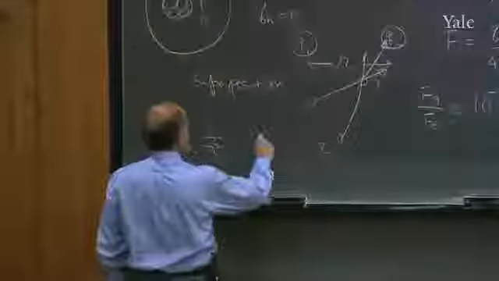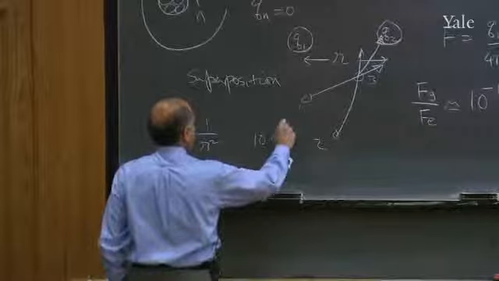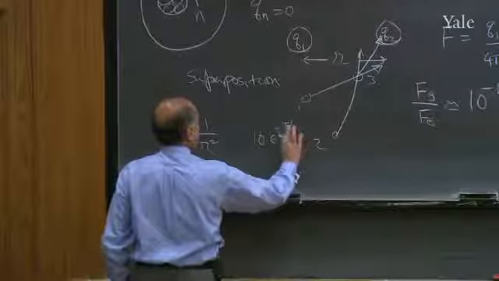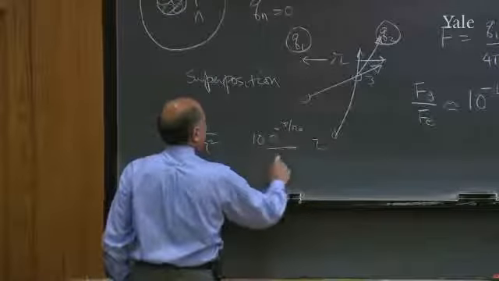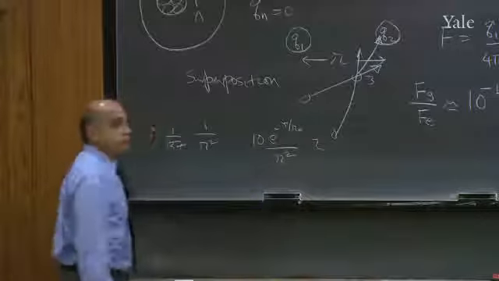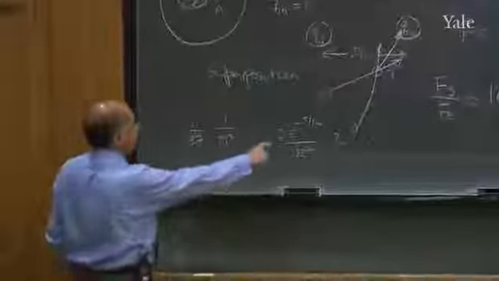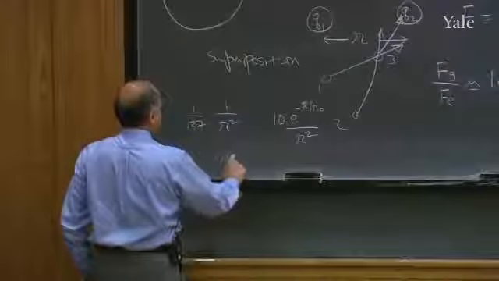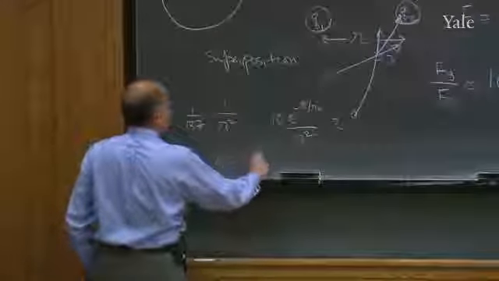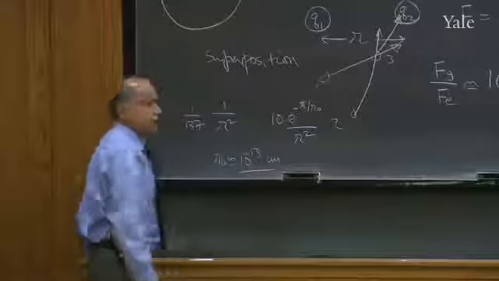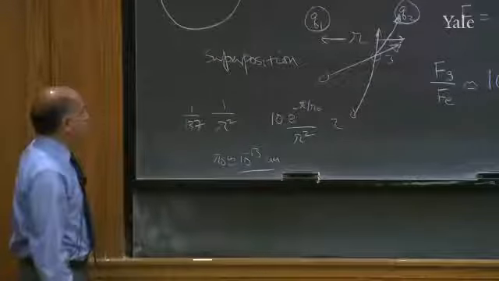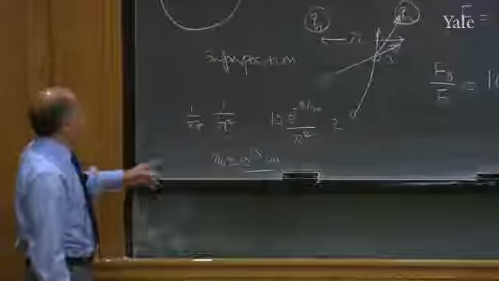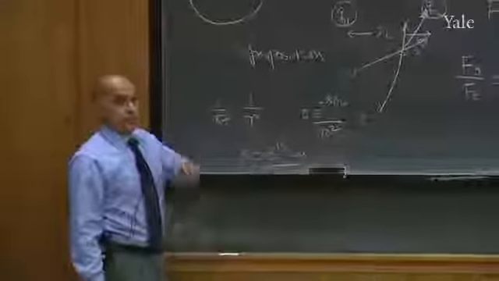The other function looks like 10 times e to the minus r over r naught, divided by r squared. R naught is some length, and the length is roughly 10 to the minus 13 centimeters, or 10 to the minus 15 meters. Which force are you more impressed with is the question.